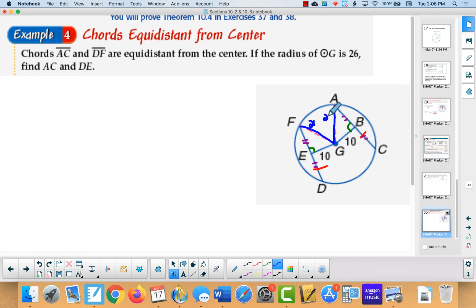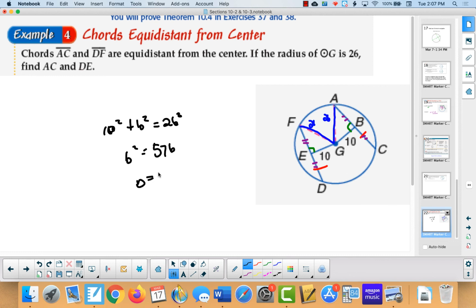And so again, we can use the Pythagorean theorem with these right triangles, and we can say that 10 squared plus B squared equals 26 squared. So we get B squared equals 576 when we square these out and subtract.